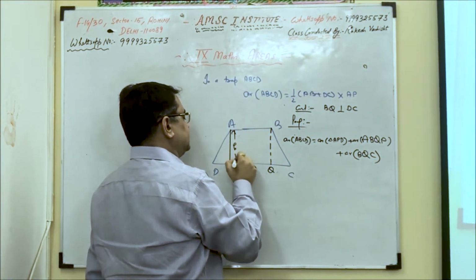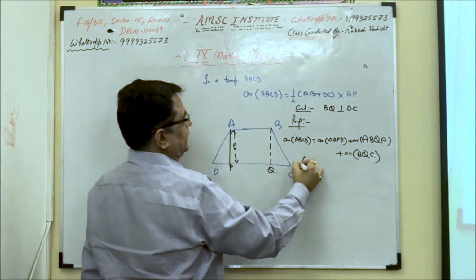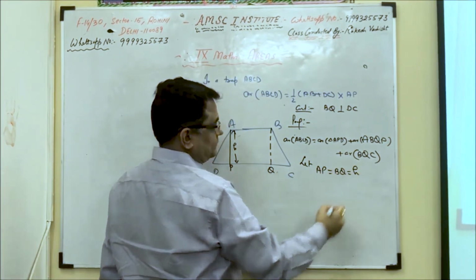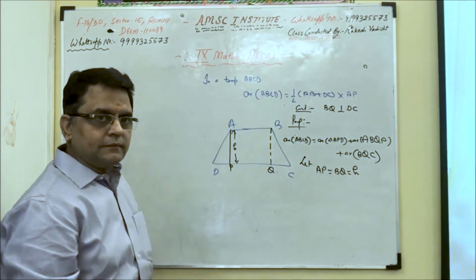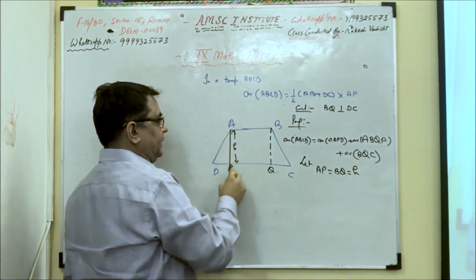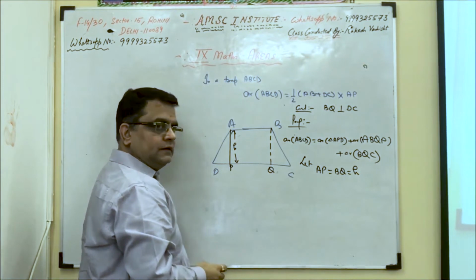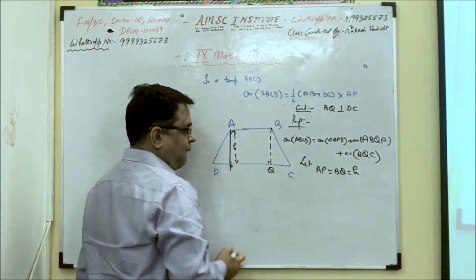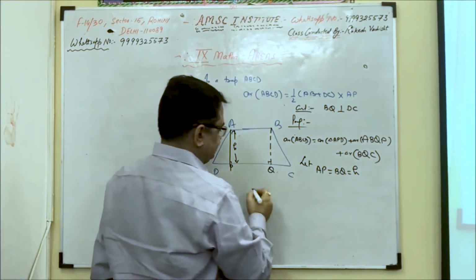Let us consider that this is H. Let AP equal to BQ equal to H. कर सकता हूँ या नहीं? अरे भाई AP and BQ are equal or not? Being parallel and being perpendicular also, right?